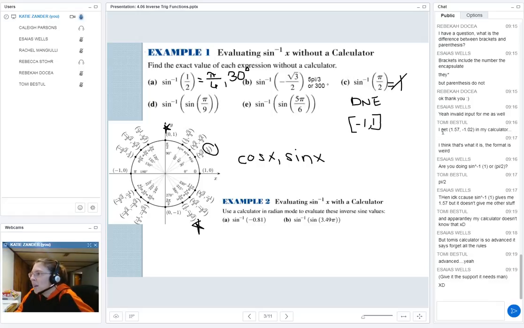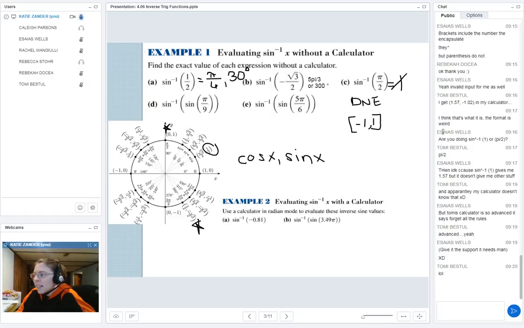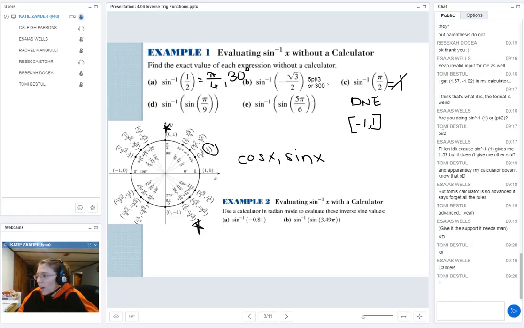All right, looking at parts D and E, what do you remember from your geometry days about sines and their inverses? Or I should say functions and their inverses. And maybe not necessarily just geometry, but all together. Yeah, they cancel each other out, right? So when I see sine inverse and sine, as long as that value that's listed after that is in the restricted domain, it should cancel each other out.